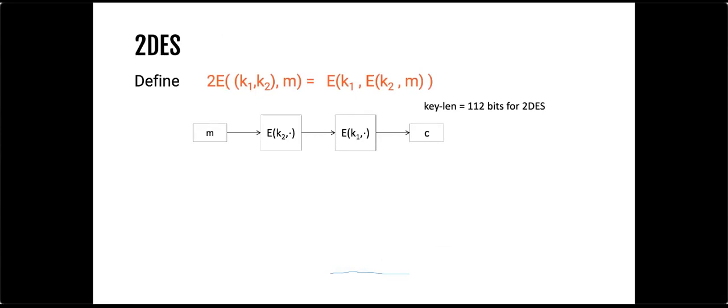Suppose that you have a plaintext. This plaintext is M. And you will have two keys, each of which is still 56 bits. So you encrypt twice, and as Joshua said, you encrypt the message that is already encrypted.